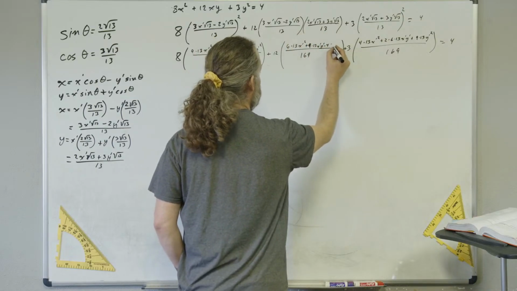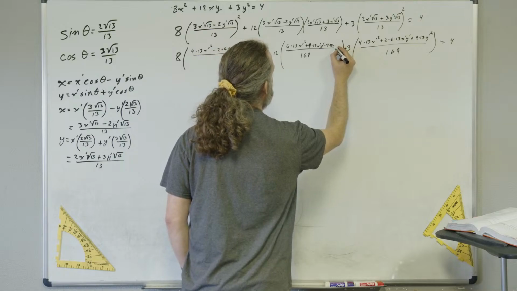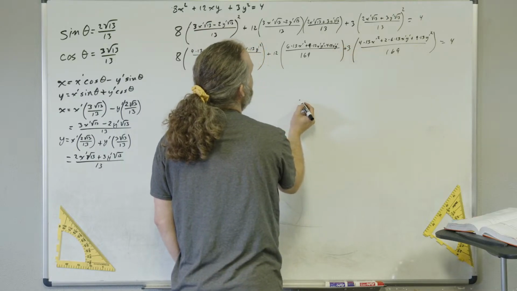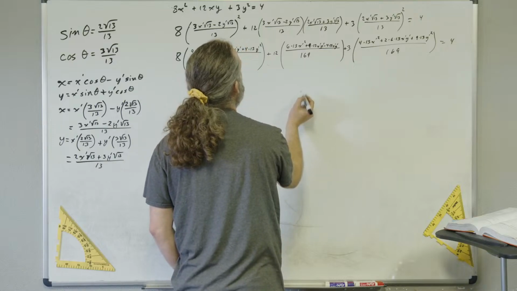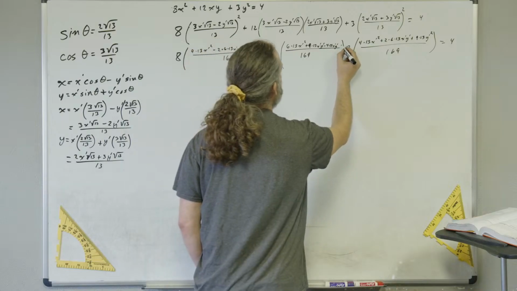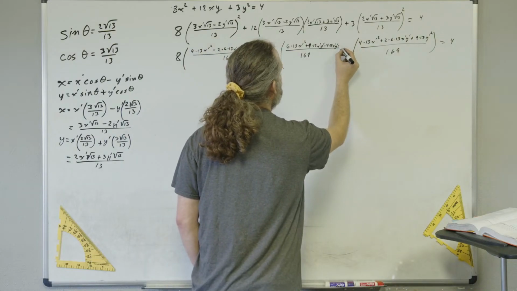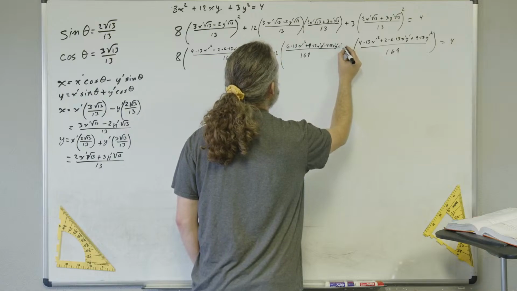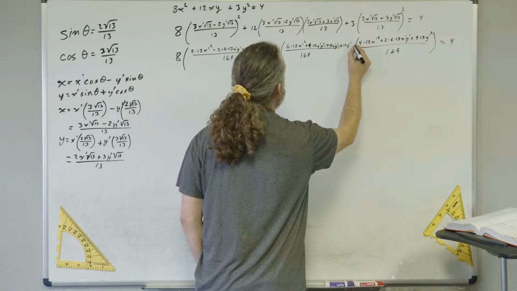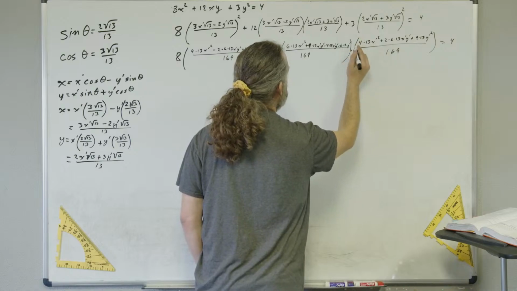Square root of 13 times square root of 13 is 13. X prime Y prime. And then the last, which we already did actually, was negative 6 times 13 times Y prime squared plus 3.